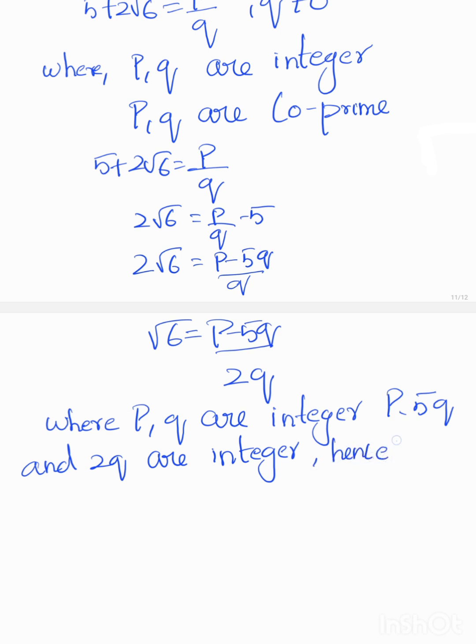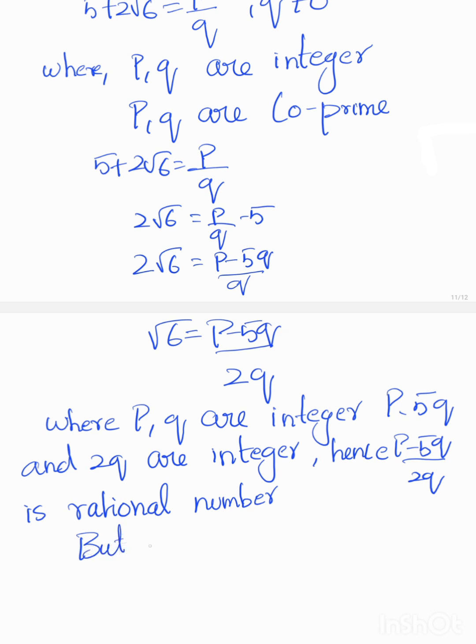This (p minus 5q) by 2q is a rational number. But in the question, root 6 is given as an irrational number. So the right hand side is a rational number and the left hand side is an irrational number.